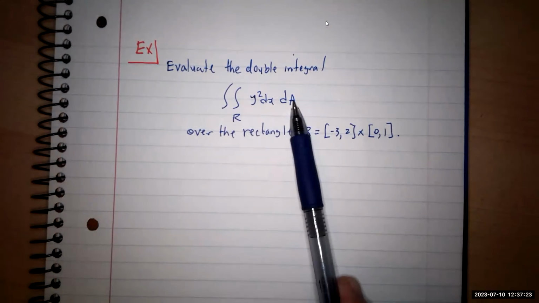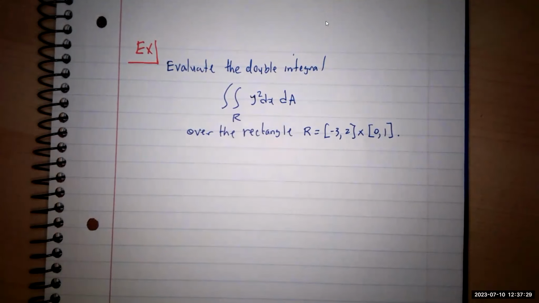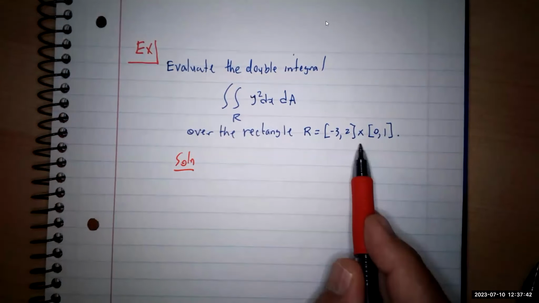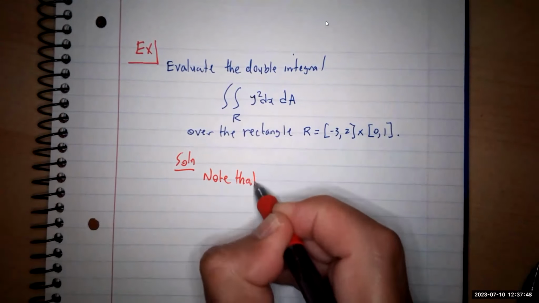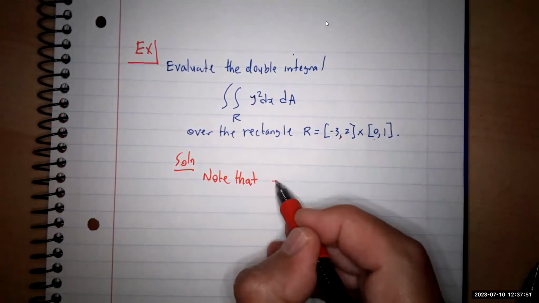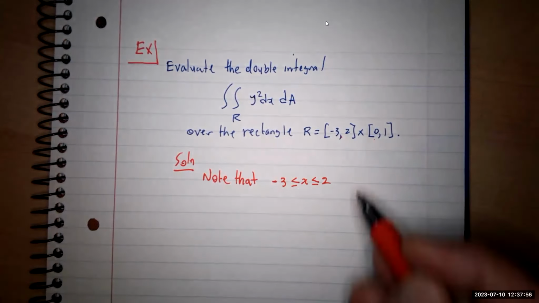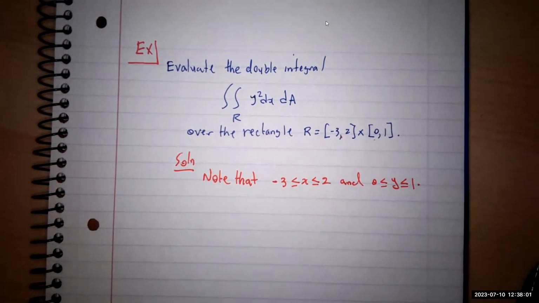The double integral, according to Fubini's theorem, is equal to the iterated integral. You set up the proper iterated integral, and then you find it. For finding it, we already talked about it. So this is how you think about it. You note that this is x, this is y: -3 less than or equal to x less than or equal to 2, and y between 0 and 1.